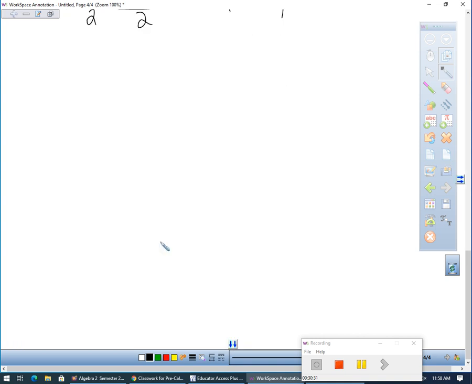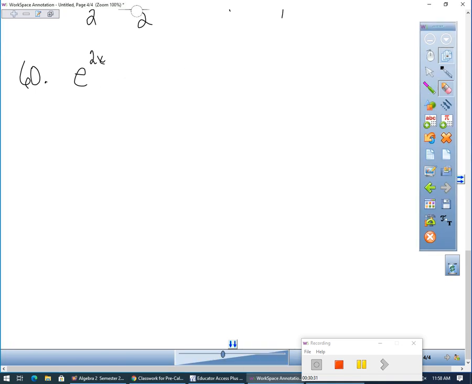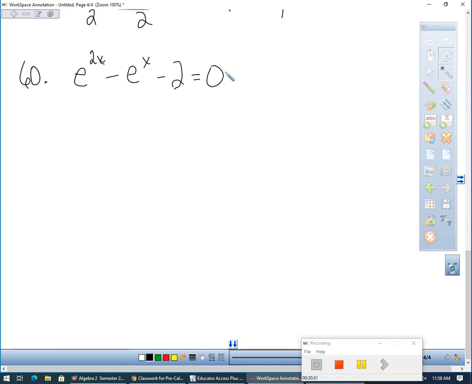Number 60. On number 60, we have e to the 2x minus e to the x minus 2 equals 0. Alright, I'm actually going to do a substitution because I think it's going to be easier for you guys to see. I'm going to say that u equals e to the x.